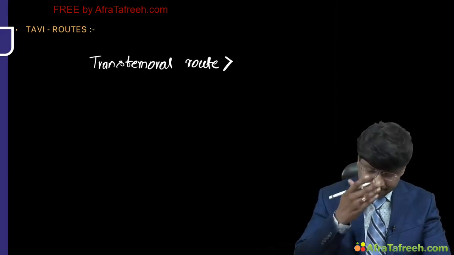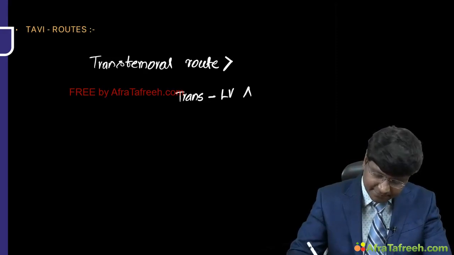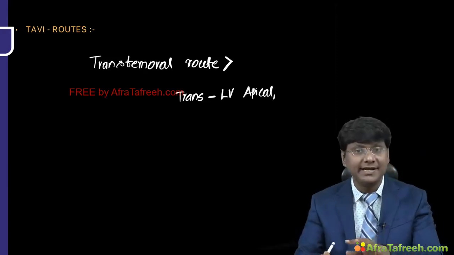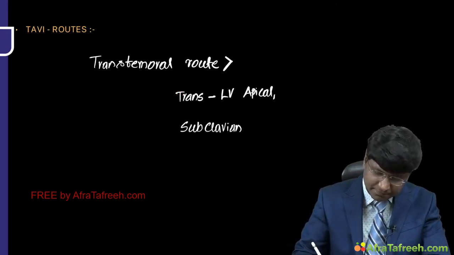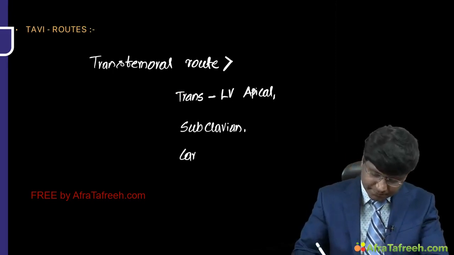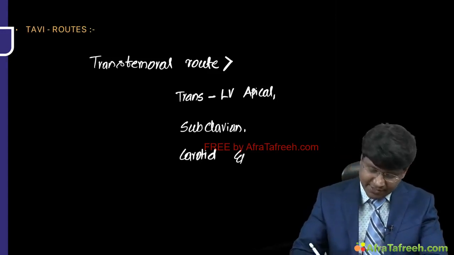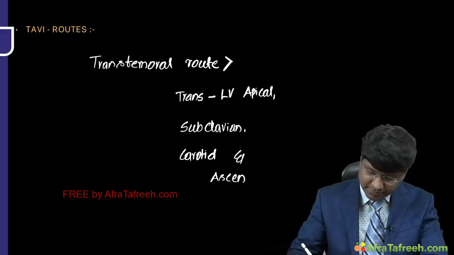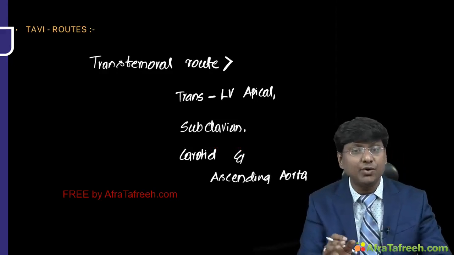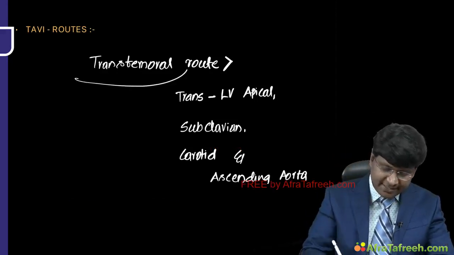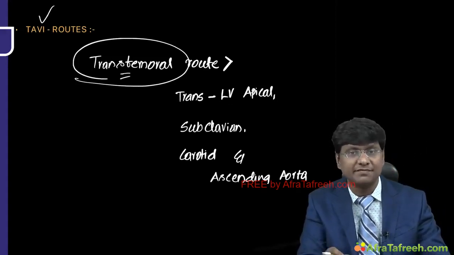The other routes are trans-LV apical, next, subclavian route, next, carotid route, and the ascending aortic routes have been used. So these are the various routes of the TAVI, but which is preferable? The transfemoral route is very much preferable.